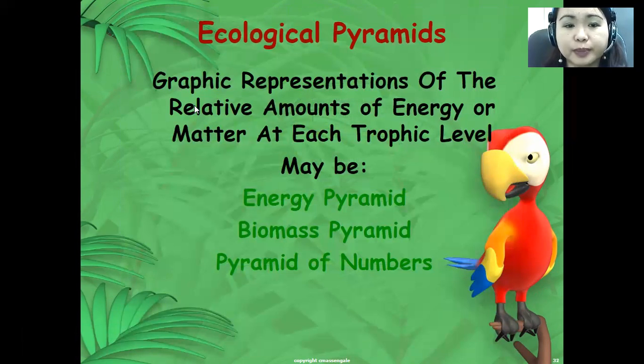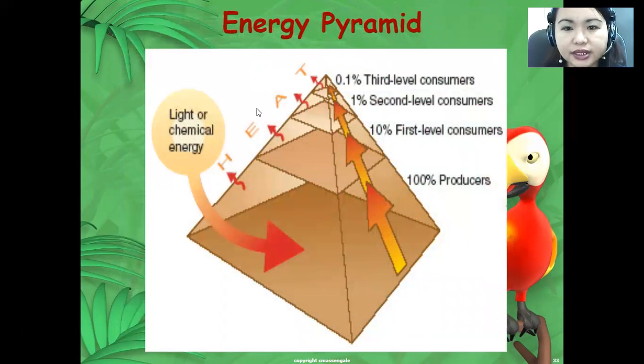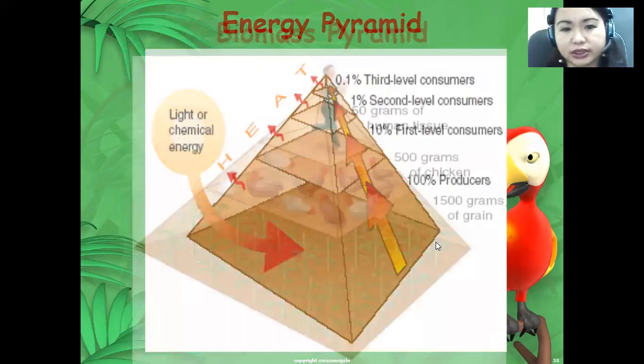So in ecological pyramids, the graphic representation of the relative amounts of energy or matter at each trophic level may be an energy pyramid, biomass pyramid, or pyramid of numbers. This is the energy pyramid, wherein it shows 100% producers, where light or chemical energy comes from. Then 10% first level consumers, heat is lost, and it becomes 1% and 0.1% as it goes up to the third level consumers.